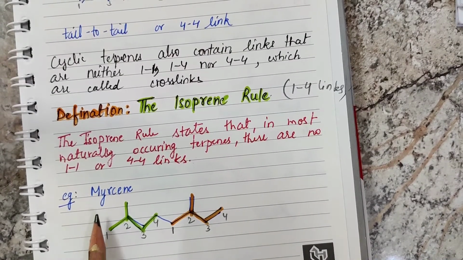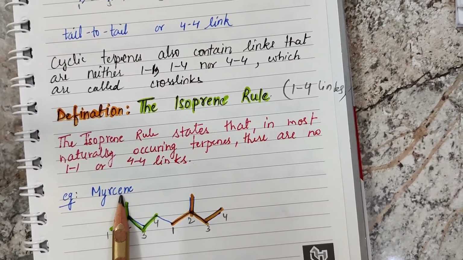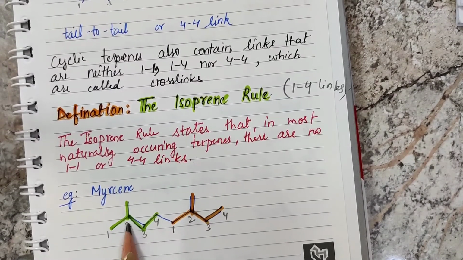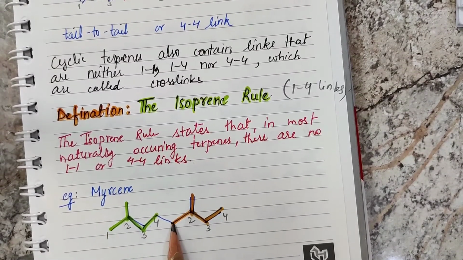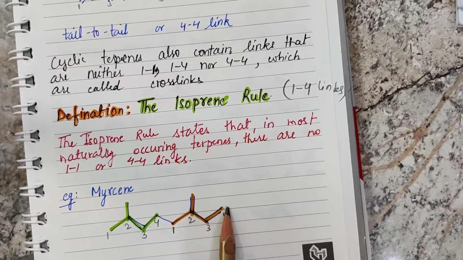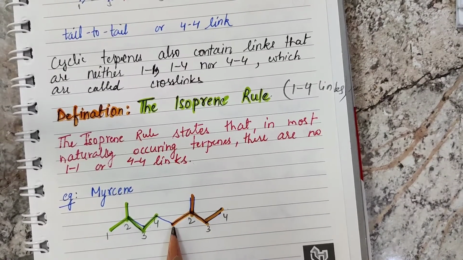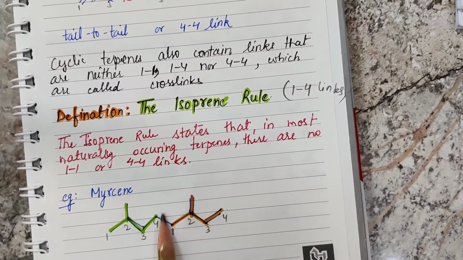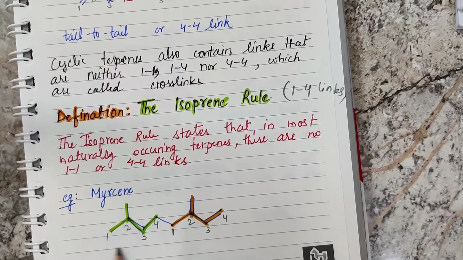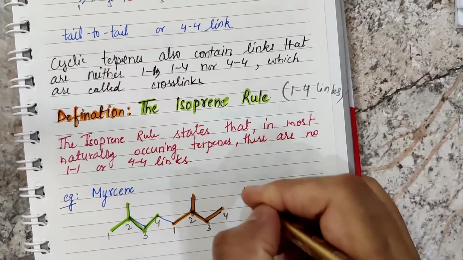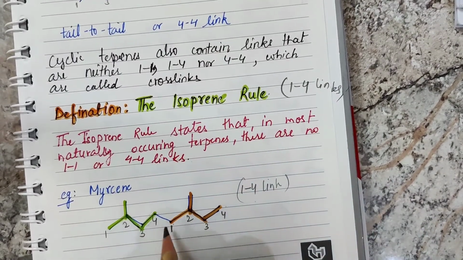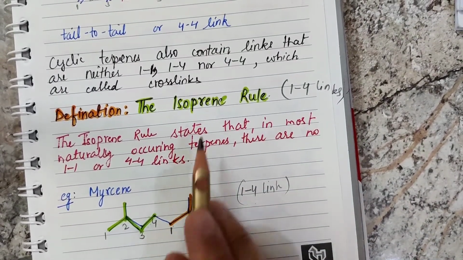For example, if you see, in this case, this green colored is one isoprene unit and orange colored is the second isoprene unit, and the bond formation is between the first carbon of the one unit to the fourth carbon of another unit. That means 1-4 linkage is there. So this molecule is according to the Isoprene Rule.